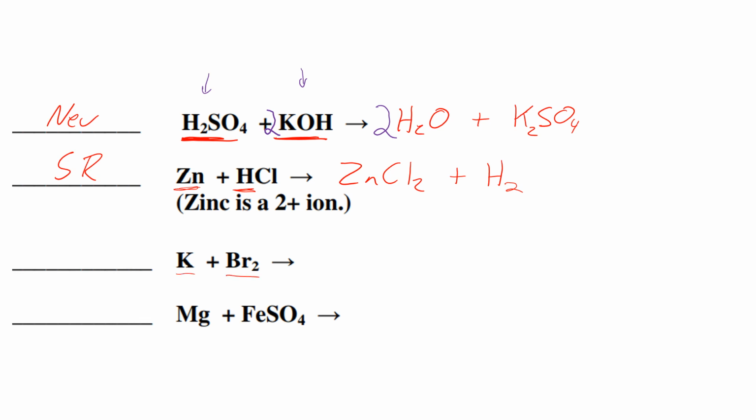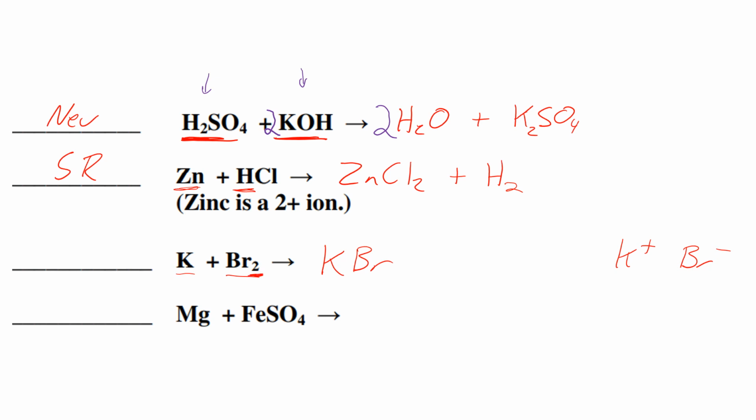Two single elements come together and make KBr. K on the periodic table is +1, Br on the periodic table is -1, so it's just KBr. That's it. Okay, that 2 is there because it's diatomic. This 2 is right there because it's diatomic.